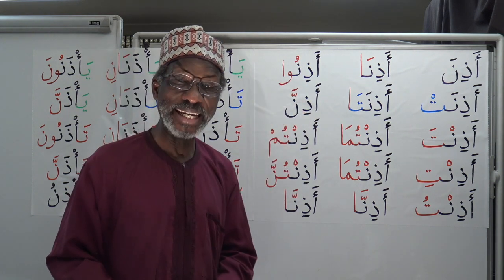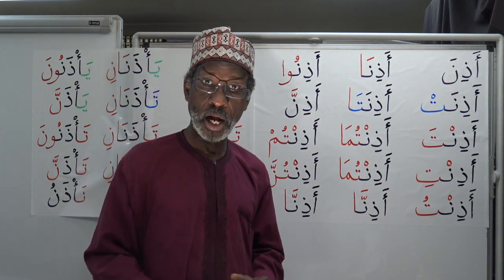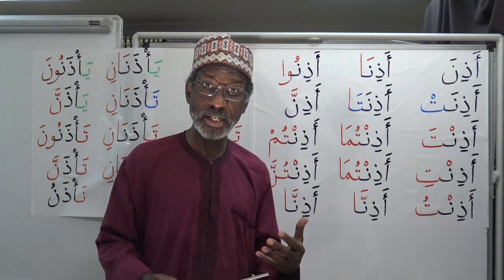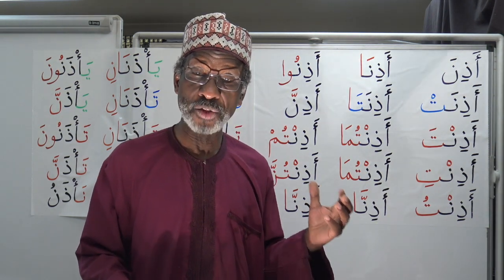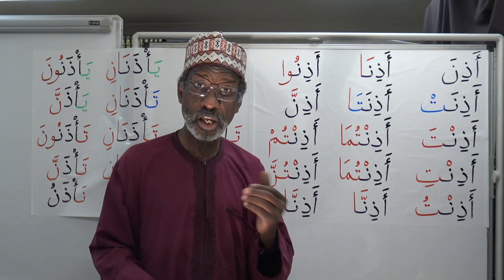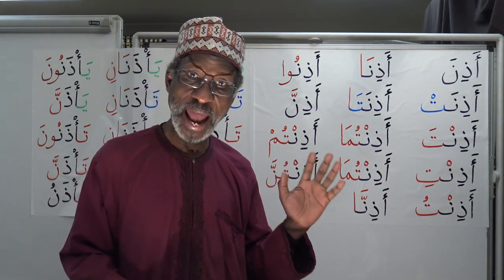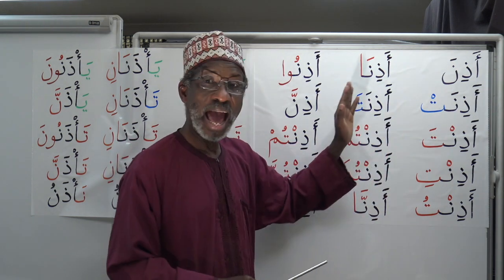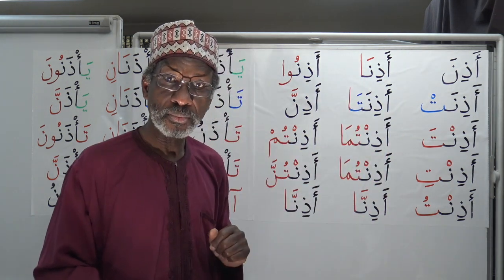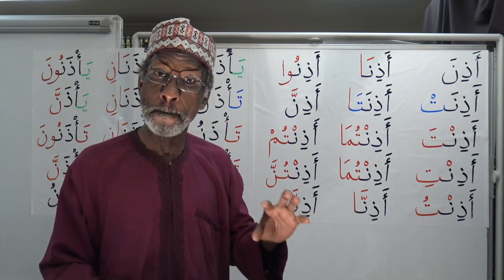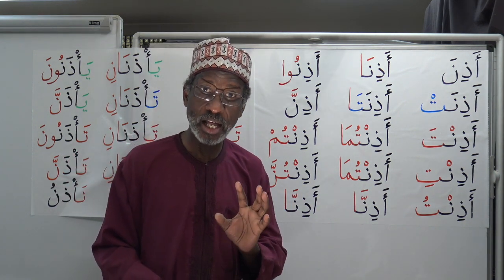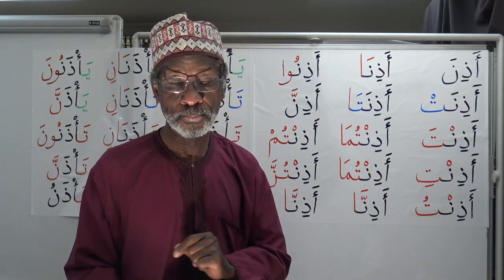Adhinu, with the u ending in the past tense, giving us the idea that we are talking about 3 people or more, masculine. Hence we have the u ending. So adhina, adhina, adhinu. That's the 3rd person masculine, singular, dual, and plural.